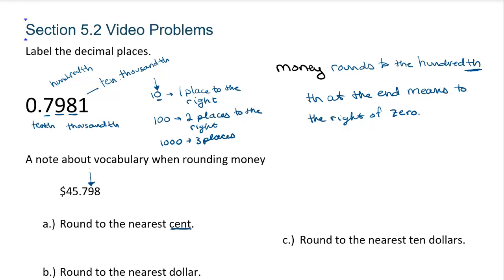Cent is referring to that last place in your money, right? If you were to say 52 cents, for example, that looks like that. Well, 2 places to the right is the 100th place and the last place you can have for money. So the 100th place means cent.